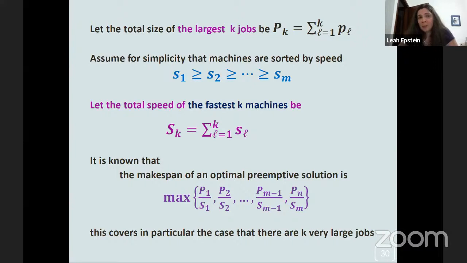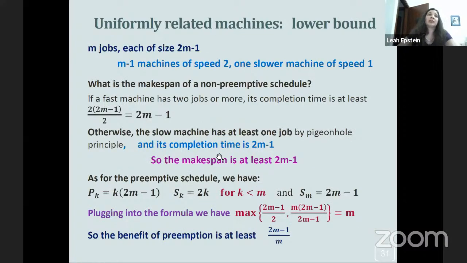So the m-1 largest jobs, the sum of their total size divided by the m-1 largest speeds. And the final one is the regular one, the average. So it looks kind of confusing, and the question is how the lower bound is obtained. Because if there is a simple lower bound and it is tight, maybe one can also analyze the power of preemption.